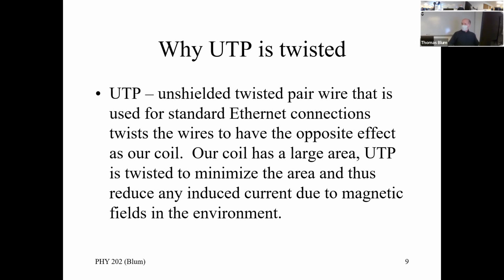But if you are twisting up your wire that's carrying your data that's very important to you, then it minimizes that effect. You can also shield it if you have a thicker cable, like your cable TV, there's a shielding. But in unshielded twisted pair, we don't shield, but we twist to minimize the effect.